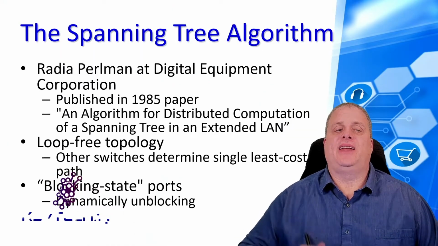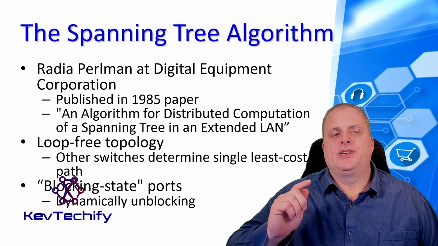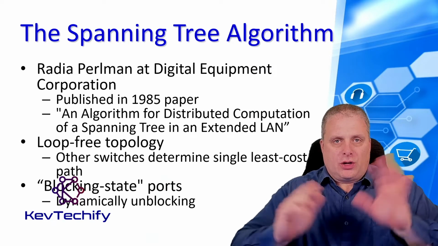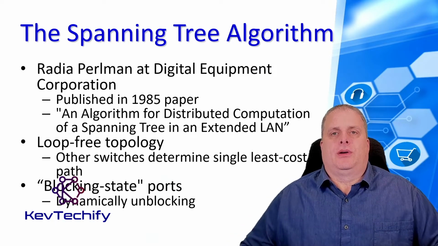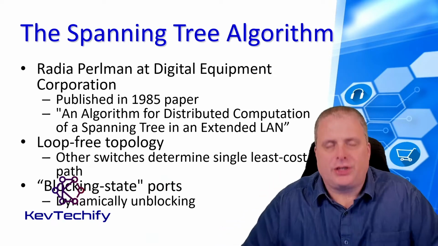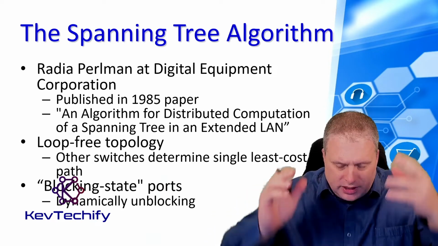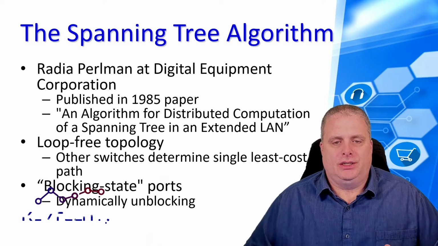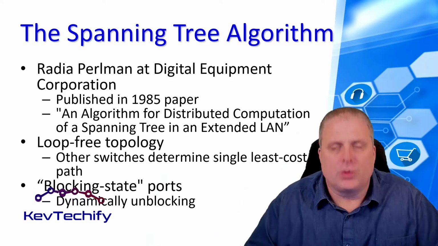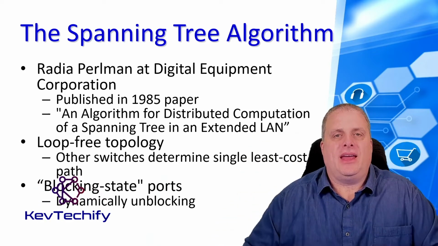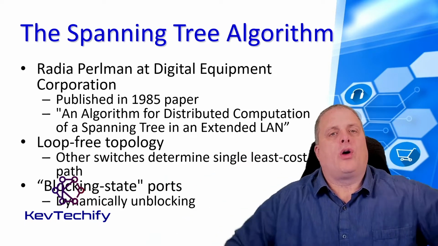Back in 1985, a gentleman at Digital Equipment Corporation, called DEC, published a paper on the idea of the spanning tree protocol. He said we need to come up with a loop-free technology where the switches can determine what the best path is and then block out all the other paths.